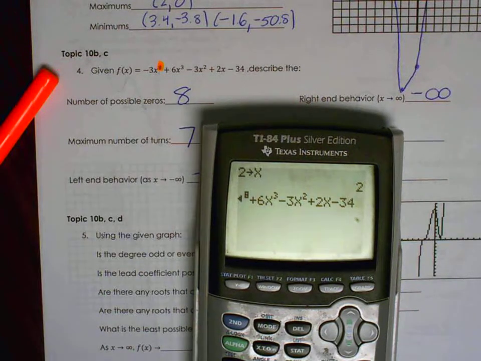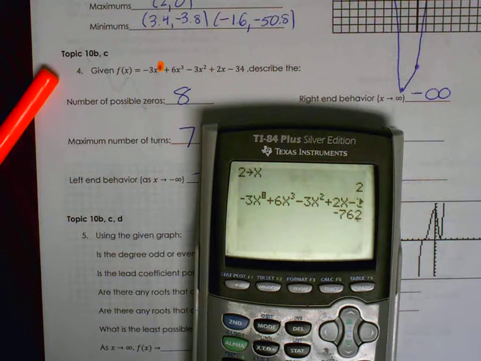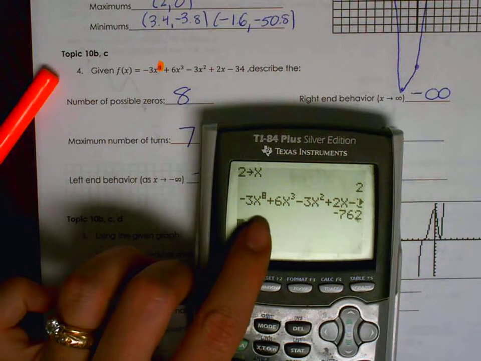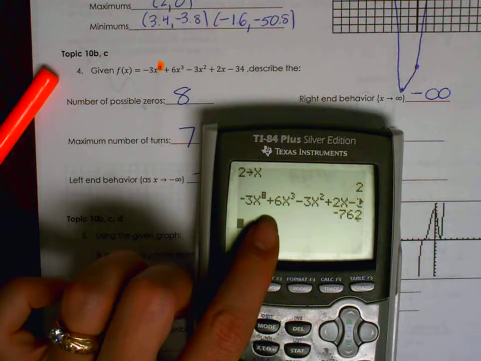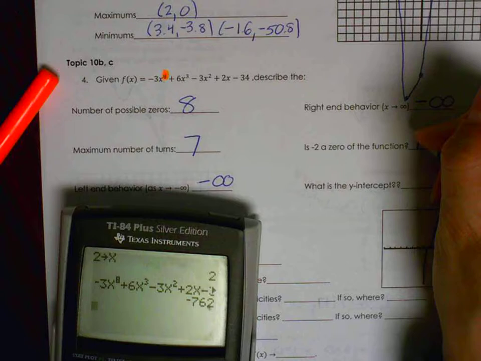If 2 is a 0, when I push enter, this will equal 0. If it is not a 0, it's going to equal something else. And the answer is no. It is not a 0, because when I entered this in, I did not get 0.